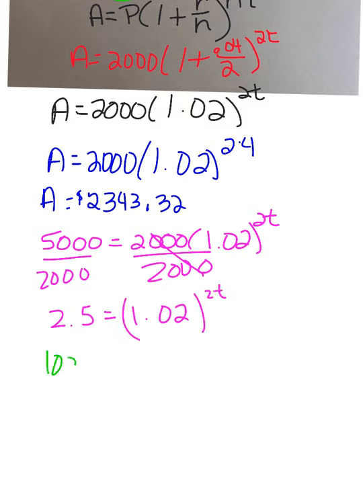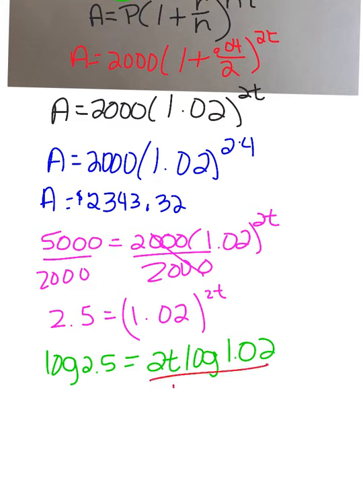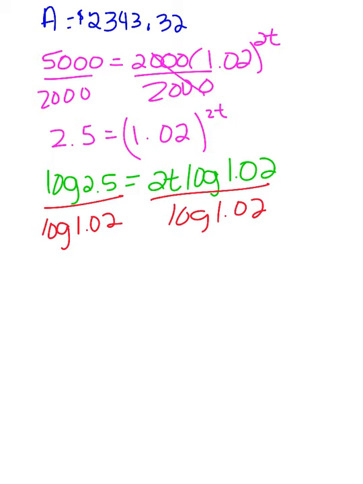Log both sides, so it's log 2.5. Exponent goes in front, 2t log 1.02. Divide by log 1.02. So type that in, log 2.5 divided by log 1.02.